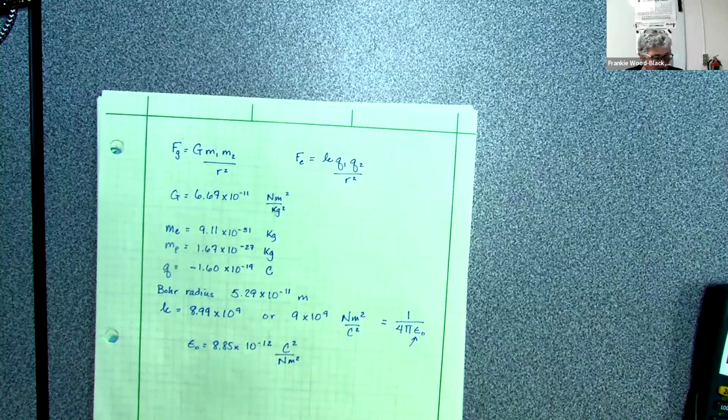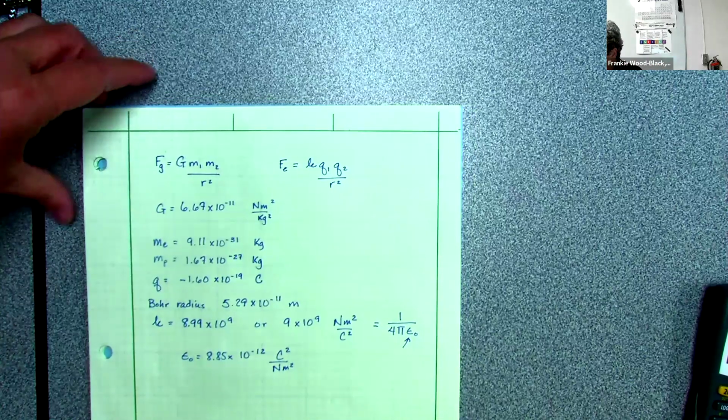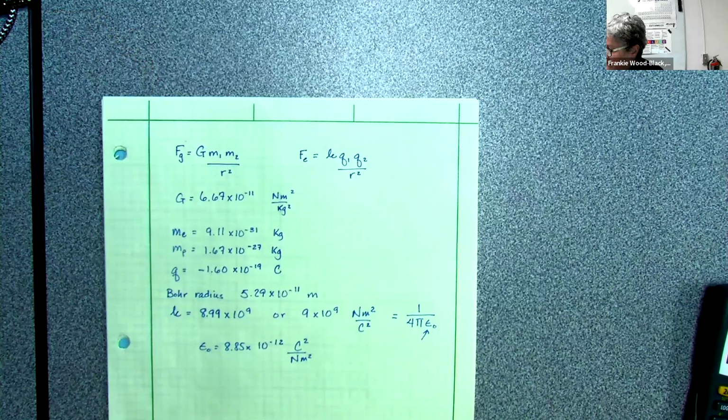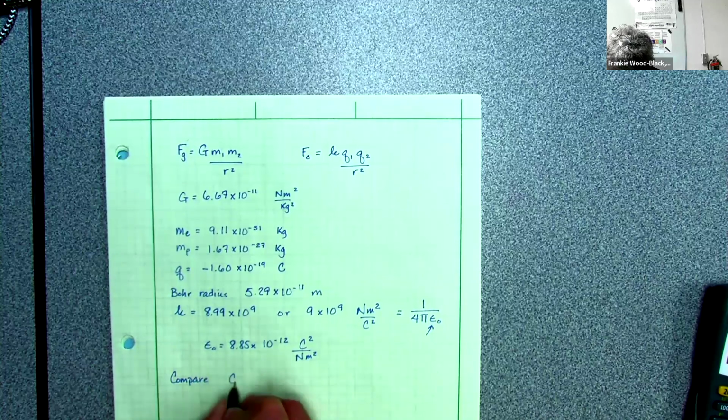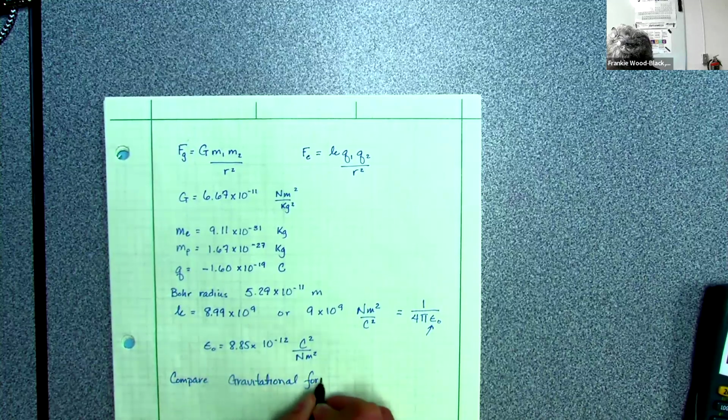So we'll see this later on as we work problems, and we'll see a variety of different things as we work problems. But the whole reason we want to do this is we want to compare the gravitational force to the electrostatic force in a hydrogen atom.